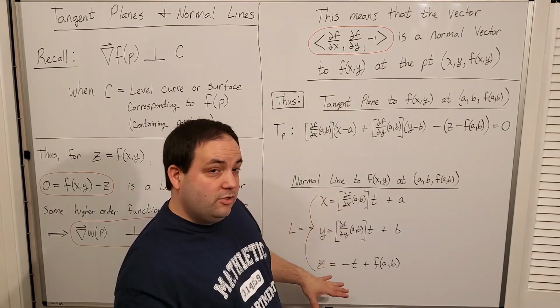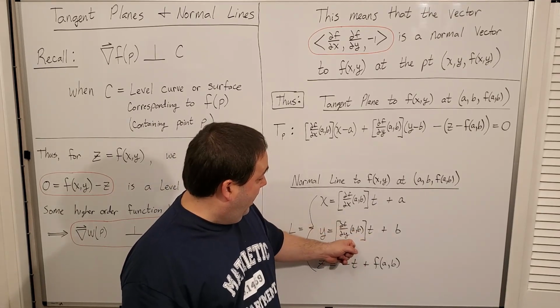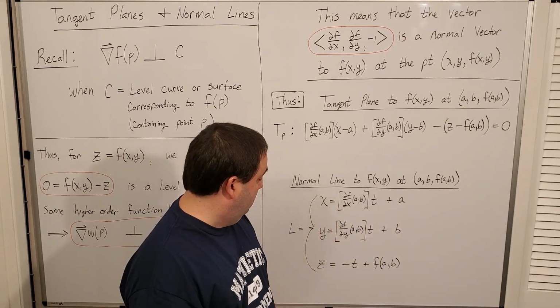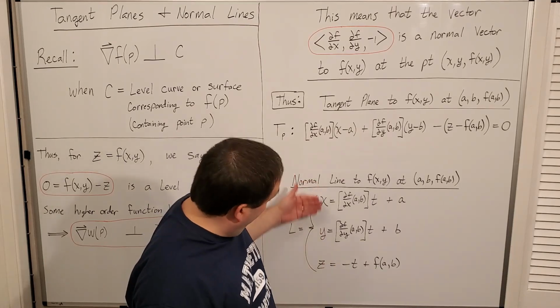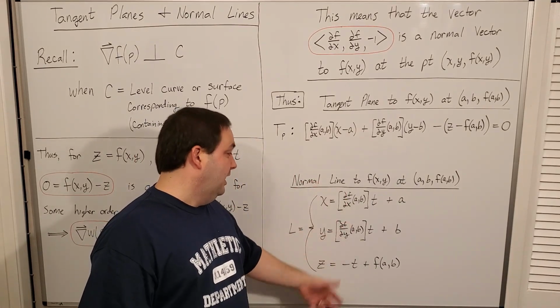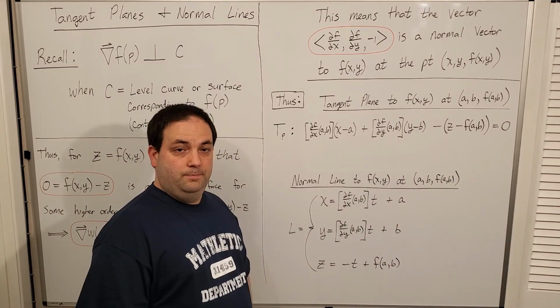These are parametric equations, don't forget, that's how you can make a line. For y, I have the vector component times t plus the point component. I have all the x, y, and z parametric equations in there. This would then create a line that is normal to your surface.